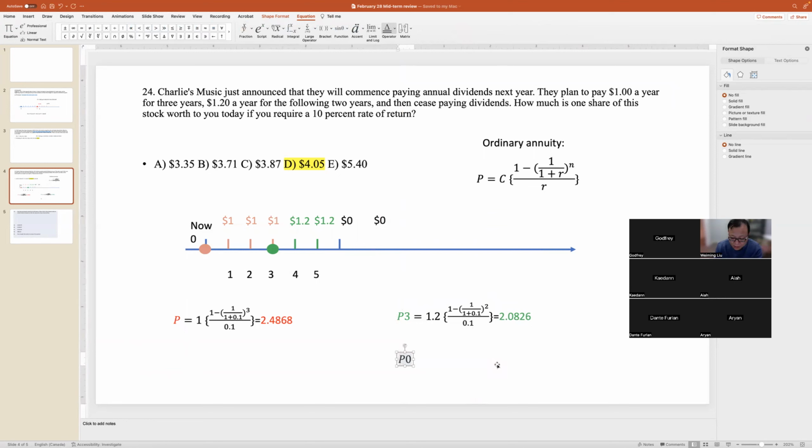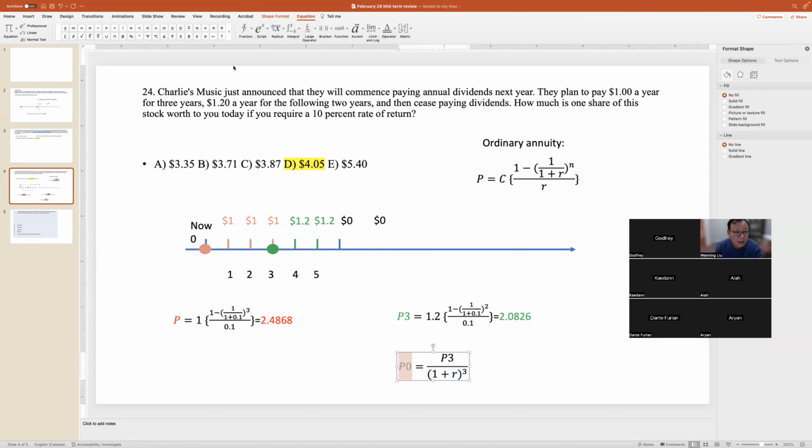So I guess this is the easy part, right? P0 equals P3 divided by 1 plus R to the power of, there's 1 year, 2 years, 3 years, it's 3 years.